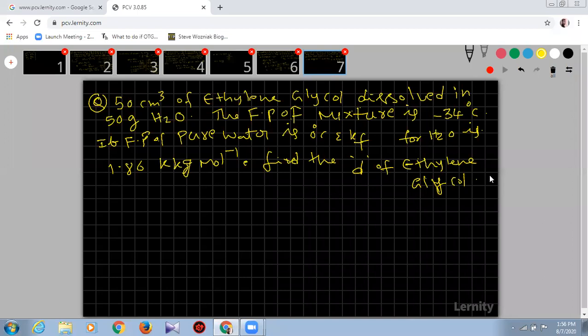Same formula you can apply, but in this you're supposed to apply this density.